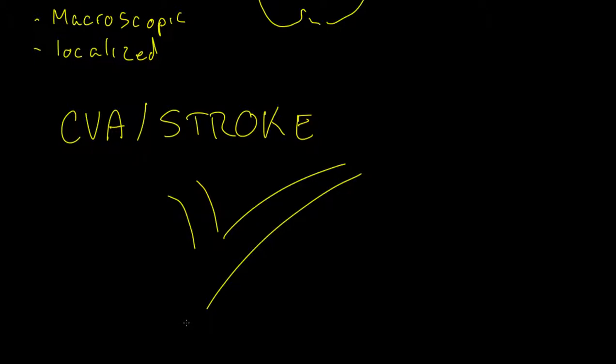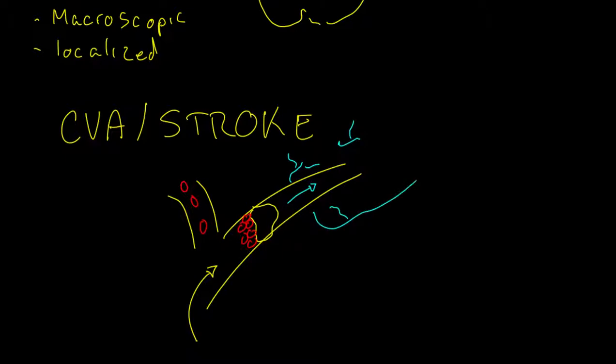You could have a clot from the heart, from bad cholesterol or anything going on, and it will flow through the arteries, and it'll actually get stuck, and then your red blood cells will start to pile up behind it. And then the tissue after this point won't be able to get any oxygenation or nutrients, and slowly all the cells will start to die, and you'll get this mass of dead cells.